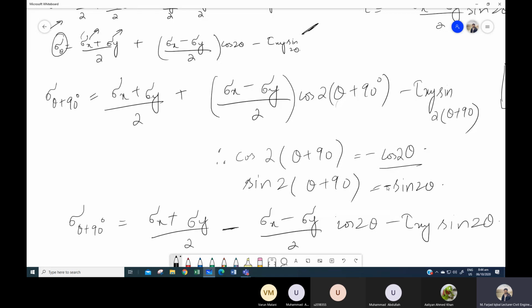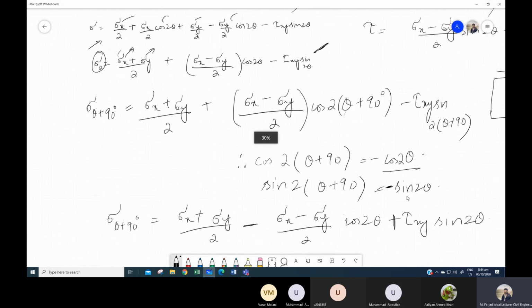Actually, there is a negative sign with this one as well. Both of these identities have the negative sign. So that will be plus tau xy sine 2 theta. You can also confirm this using your calculator.